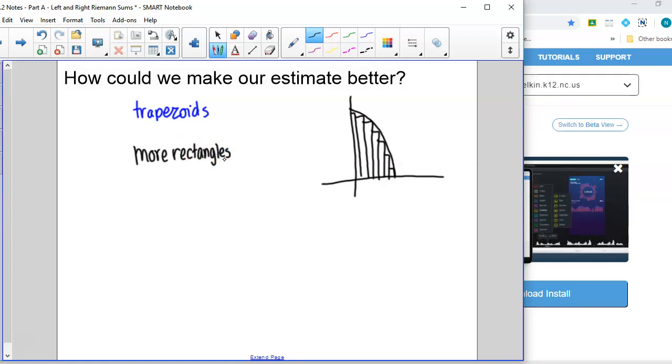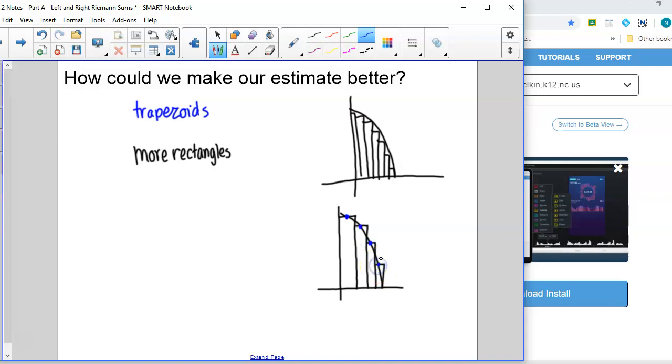And then the last thing that you could do, and I probably wouldn't think of this nearly as much, you could still use the same amount of rectangles, but rather than using the left endpoint or the right endpoint on the graph, you could do a midpoint on the graph where the rectangles overlap, kind of like this. Not the best picture in the world, but instead of using the endpoints, we use that midpoint right there.